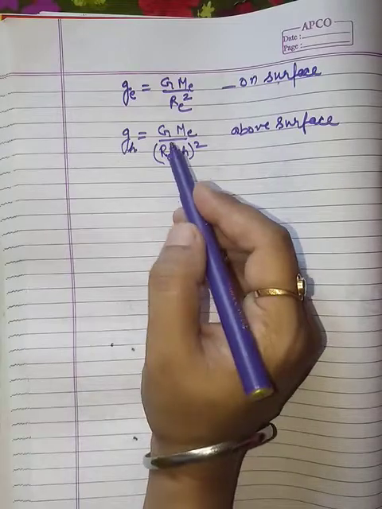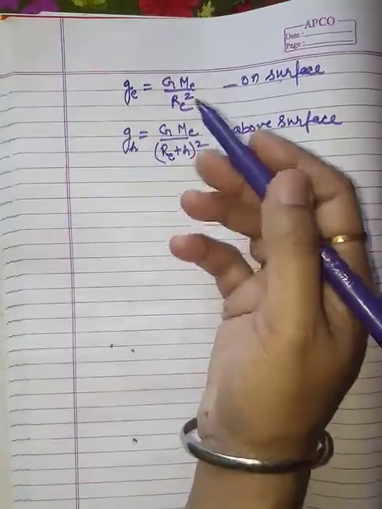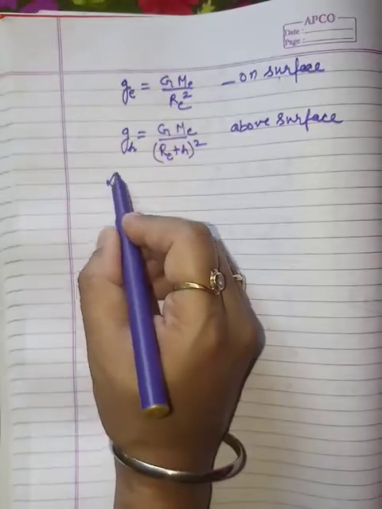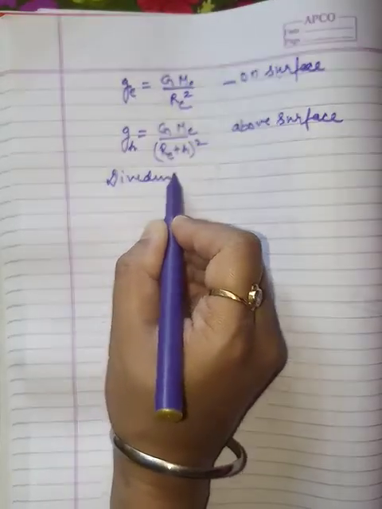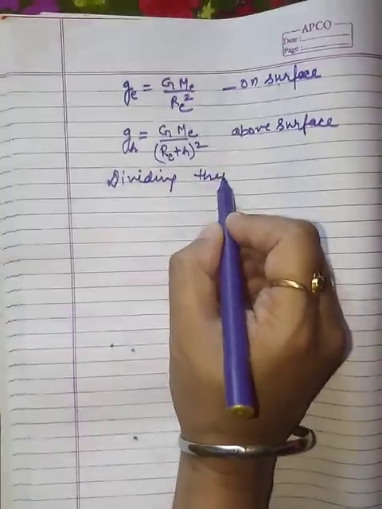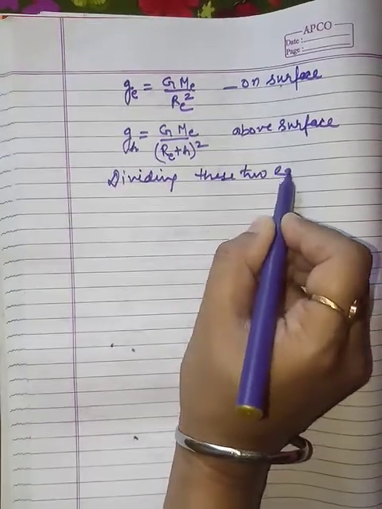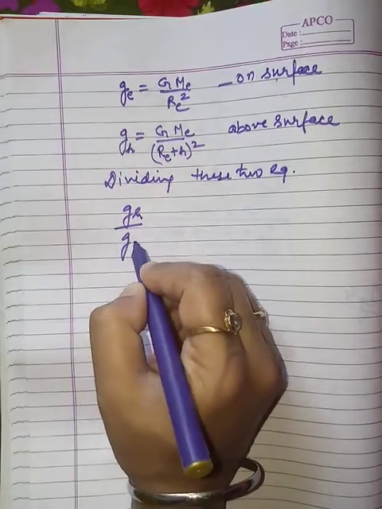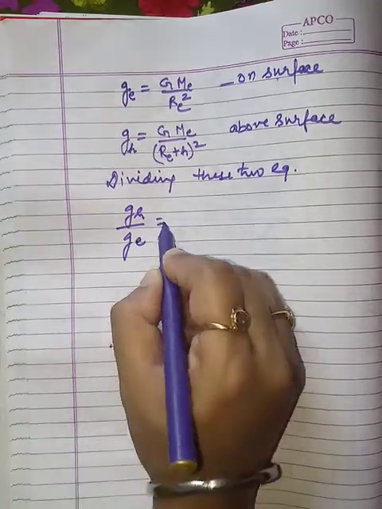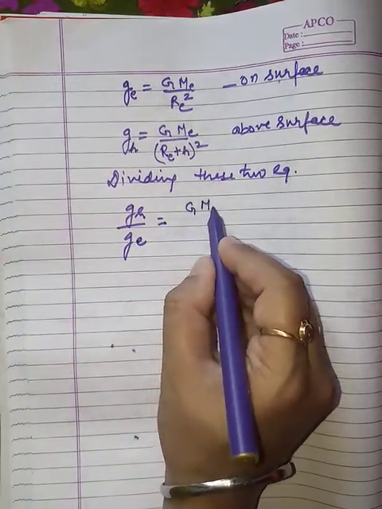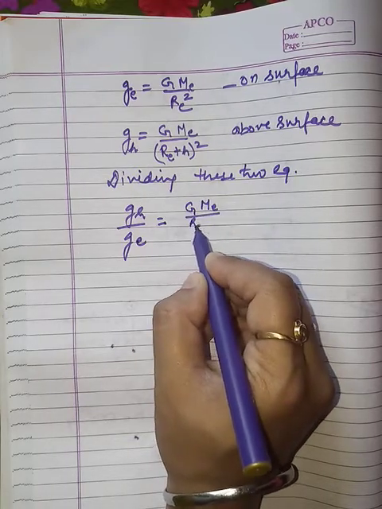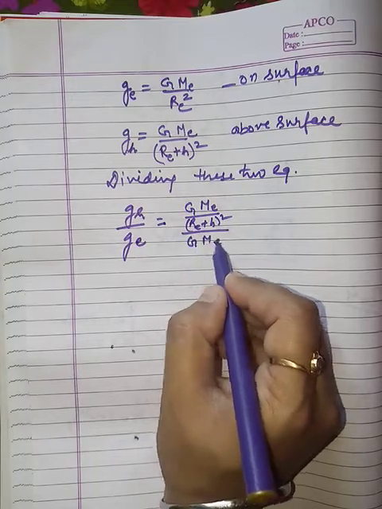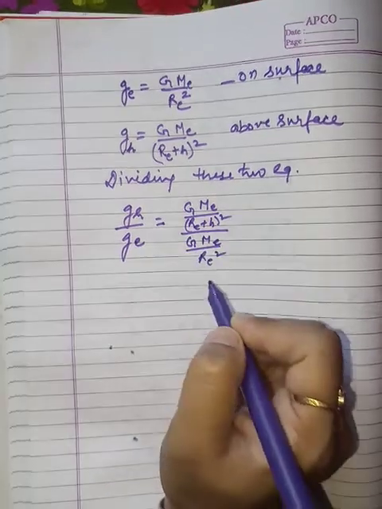So we can divide these two equations. Dividing these two equations, we will get g_H divided by g_E is equal to G M_E divided by (R_E plus H) whole square, divided by G M_E divided by R_E square.